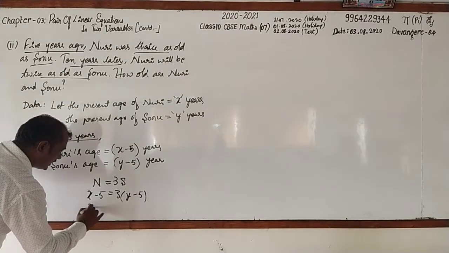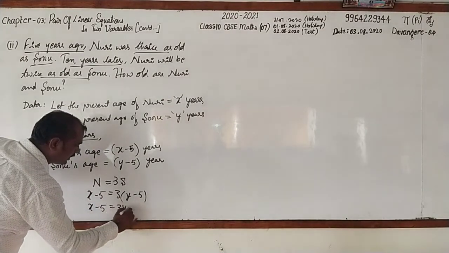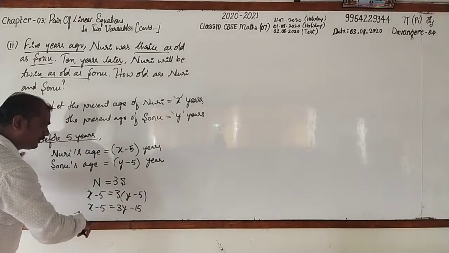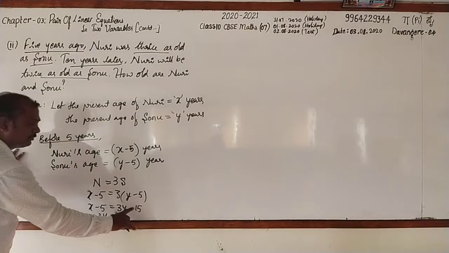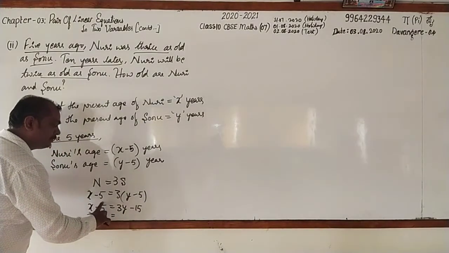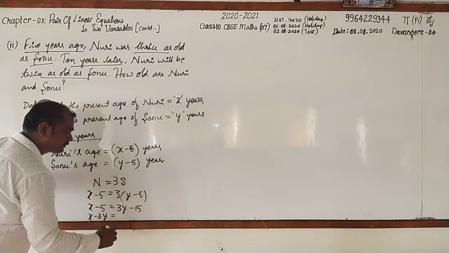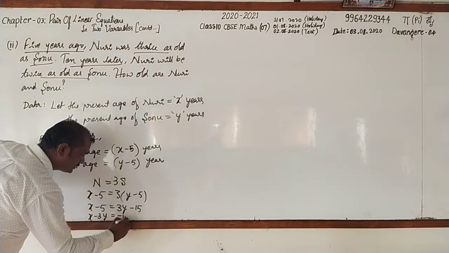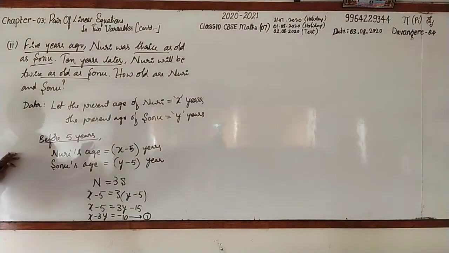Then it is x minus 5 is equal to, multiplying by 3, 3y minus 15. Then take 3y to the left hand side, it is x minus 3y equal to minus 15 plus 5, which is minus 10. You may call it equation 1. Hope that you have understood.